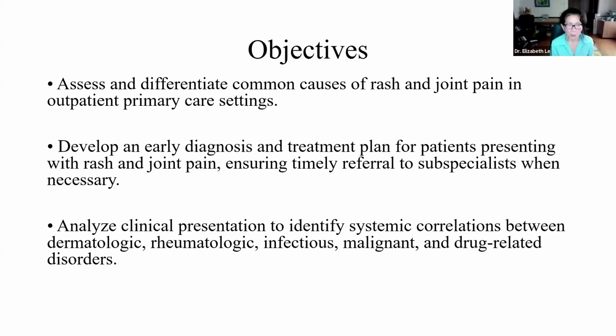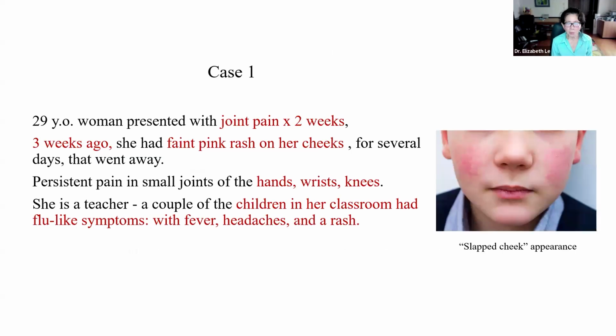Then you'll develop an early diagnosis and treatment plan for patients presenting with a rash and joint pain, ensuring timely referral to subspecialists when it is necessary. You will also analyze clinical presentation to identify systemic correlations between dermatologic, rheumatologic, infectious, malignant, and drug-related disorders. Next slide.